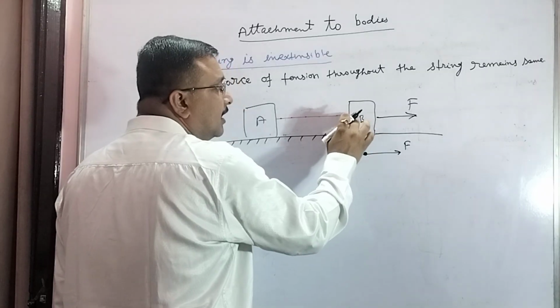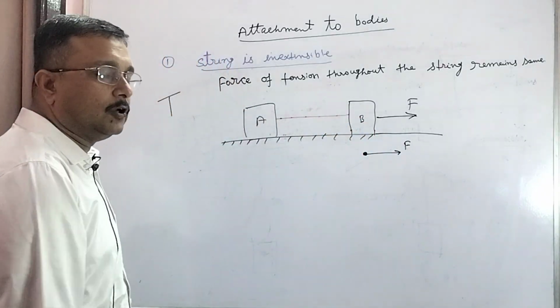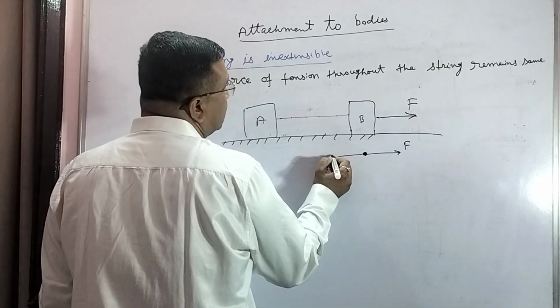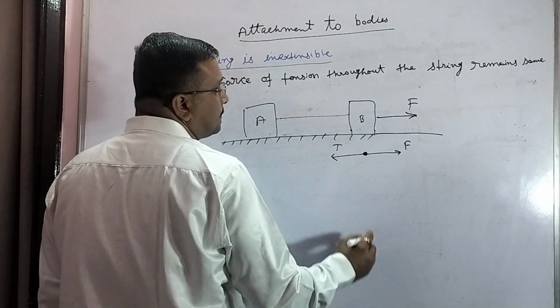The block B is connected through the string, so force of tension will be applied, and this force will be in this direction, that is T.